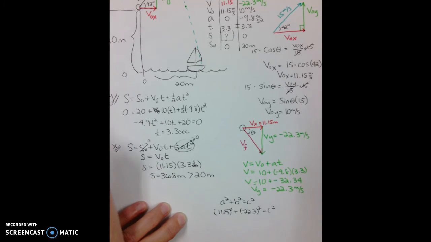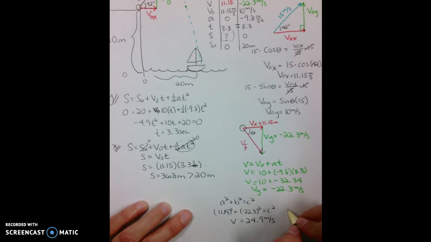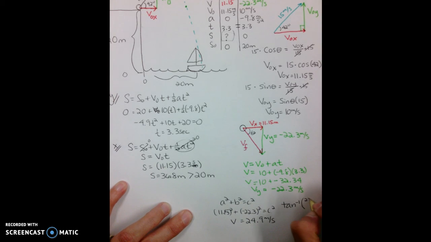So 11.15 squared plus 22.3 squared, and then take the square root of that. So I get V final is equal to 24.9 meters per second. And then I'm going to use the inverse tangent again, like we did in the first one, of 22.3 over 11.15, and that would give you the angle.